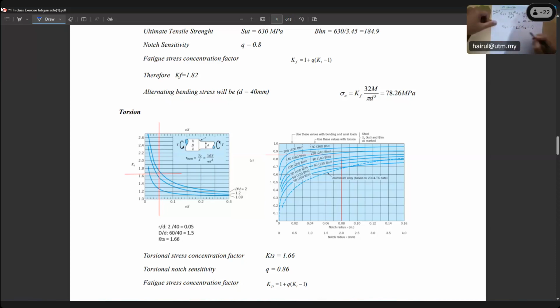So you need to find KTB and qB first. Then you get the fatigue stress concentration factor for bending, which you multiply by your raw bending stress.